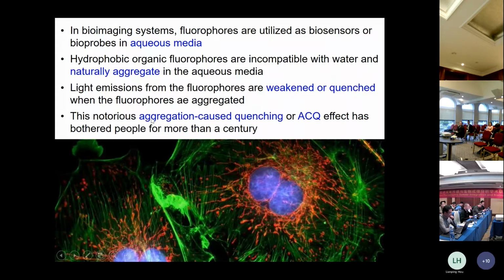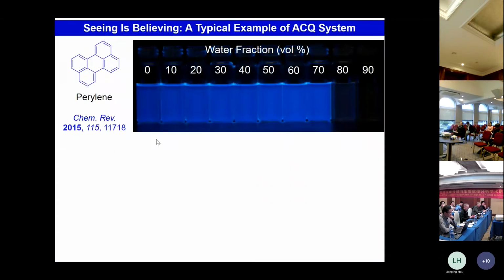This is the so-called aggregation-caused quenching, or ACQ effect, which has bothered people for more than a century. We say seeing is believing. Let me give you an example of this kind of ACQ system. This molecule is named pyranine. It's a typical hydrophobic organic compound.